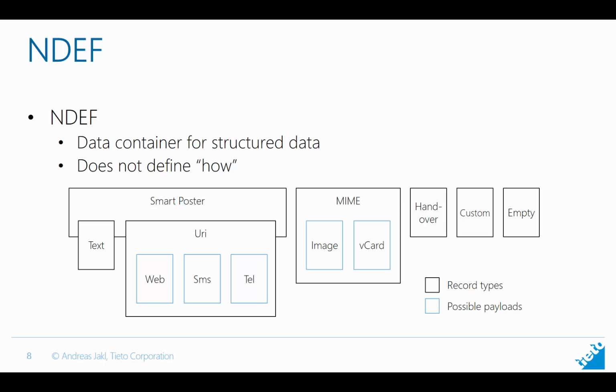This is used, for example, if you tap a Bluetooth speaker so that you can listen to music. You just tap it. By NFC, the two devices exchange the Bluetooth pairing information, and then they do the pairing themselves. It saves you from having to make the device visible, entering PIN codes, doing the pairing manually. So it just works by tapping the devices, and they do the handover themselves.